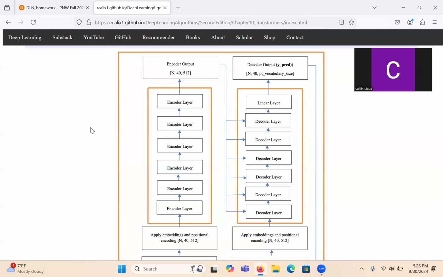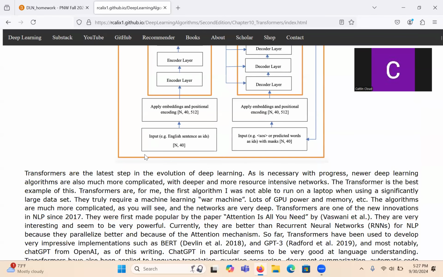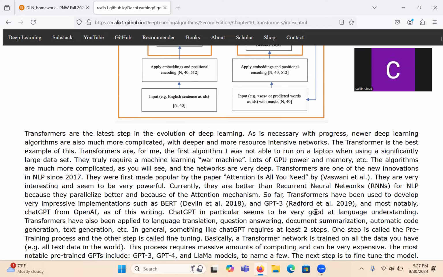Initially, it was used for translation, right? But over time, obviously, I'm sure all of you have used something like ChatGPT, so it's not just used for translation anymore. All right, so that's kind of the history of it. It all started with that famous paper from 2017 by Vaswani called "Attention is All You Need."